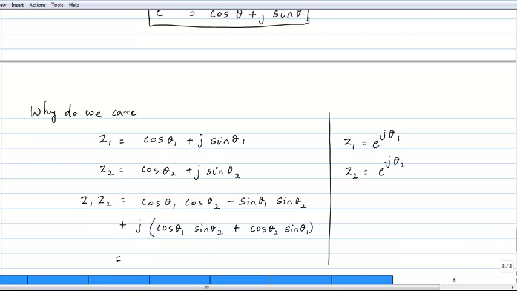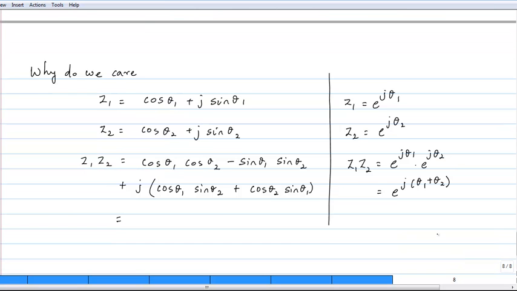Now z1 times z2 is e raised to j theta 1 times e raised to j theta 2. The point is, we can manipulate these using the rules of multiplication that exponentials follow. For example, e raised to j theta 1 times e raised to j theta 2 is e raised to j times theta 1 plus theta 2.